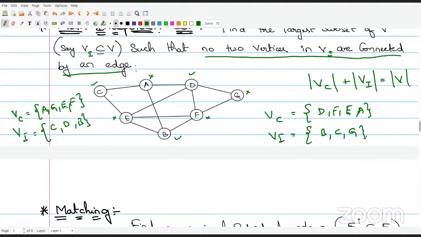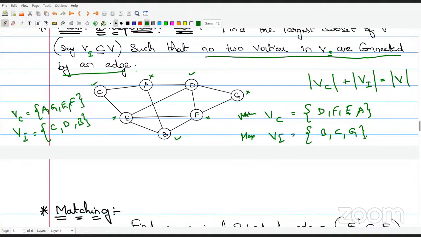You can check BCG. These three are independent of each other, and this will be the maximum independent set, and the other will be the minimum vertex cover. And if you see, the cardinality of VC plus the cardinality of VI will be the cardinality of vertices.